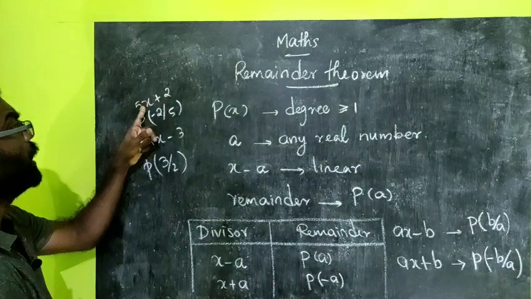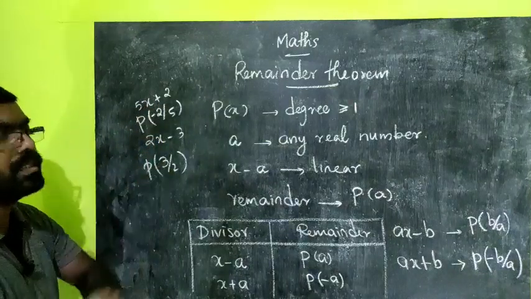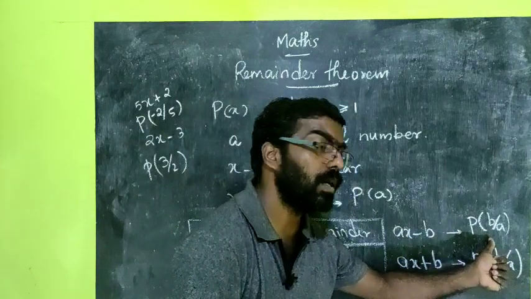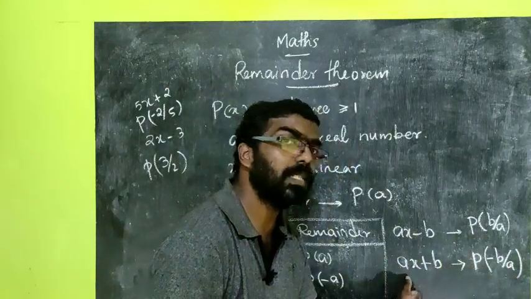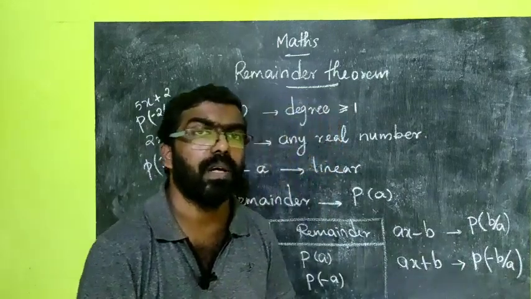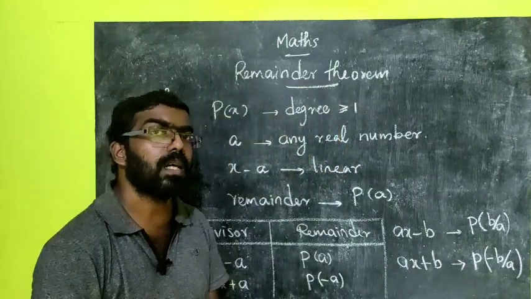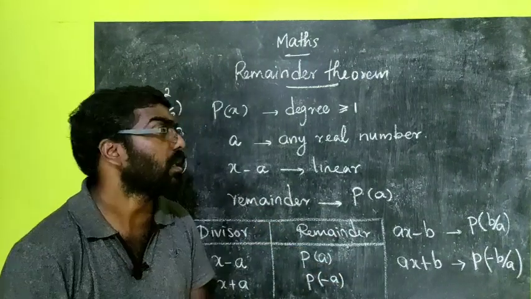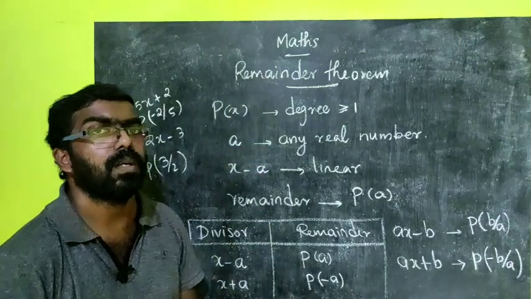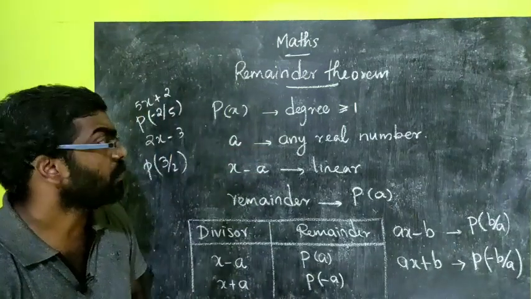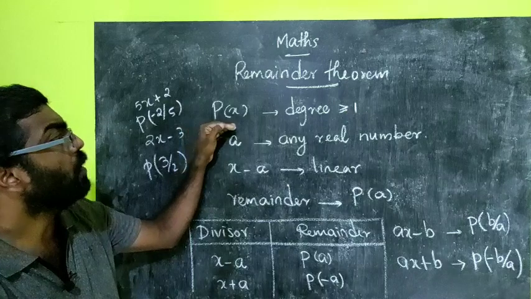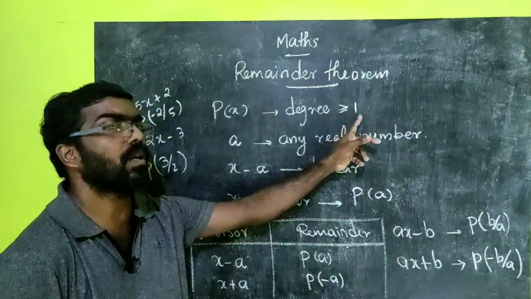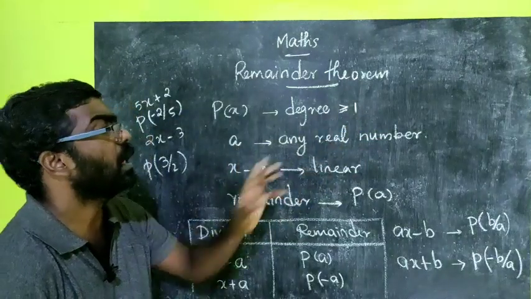It is in the form ax plus b and ax minus b. If the divisor is in the form ax minus b, then the remainder is p of b by a. And if the divisor is in the form ax plus b, then the remainder is p of minus b by a. These are the 4 different situations in which we have to apply the remainder theorem. So I repeat, the remainder theorem states that let p of x be any polynomial of degree greater than or equal to 1 and a be any real number.